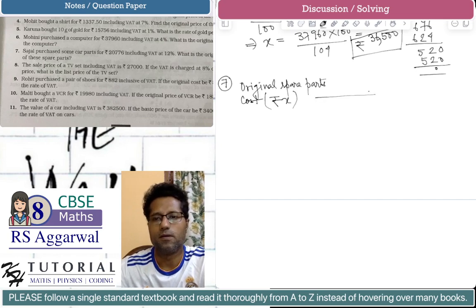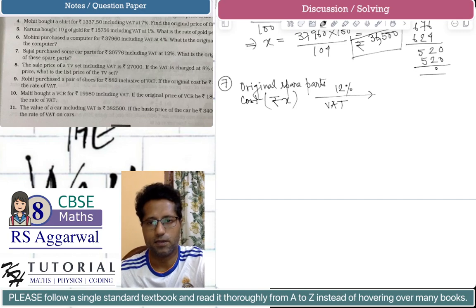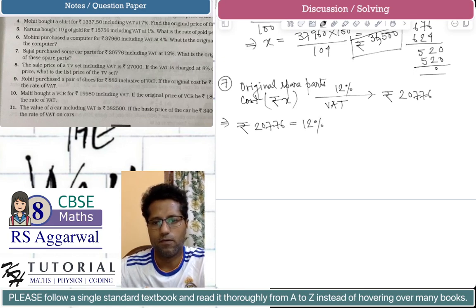We are having how much percent VAT? 12% VAT. There is a 12% VAT applied on the original spare parts cost, and finally the customer, that is Sojol, has to pay, including the 12% VAT, rupees 20,776. So this implies that rupees 20,776 is equal to 12% more than rupees X, which we have assumed to be the original cost of the spare parts.